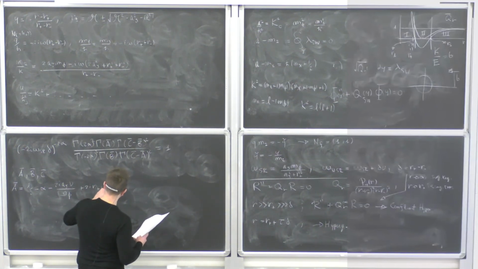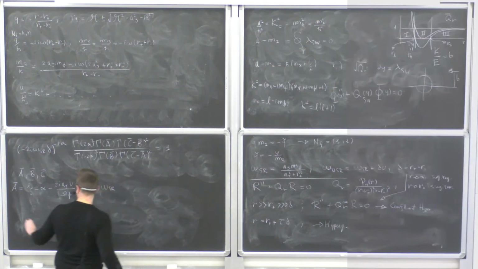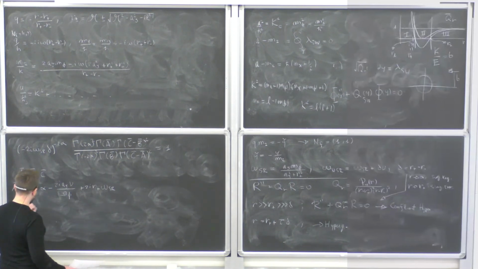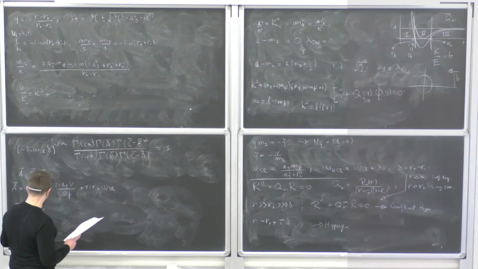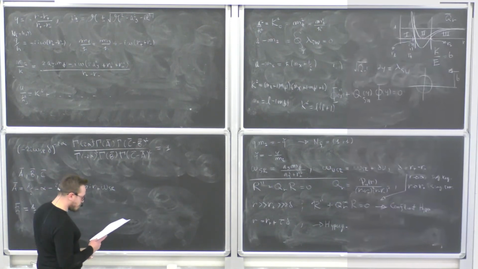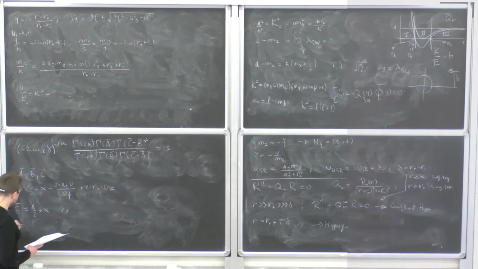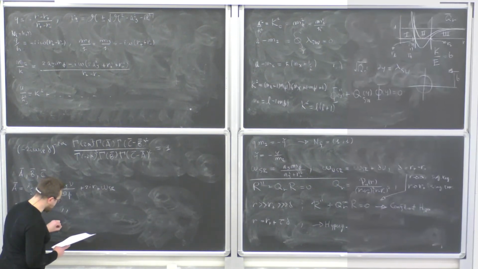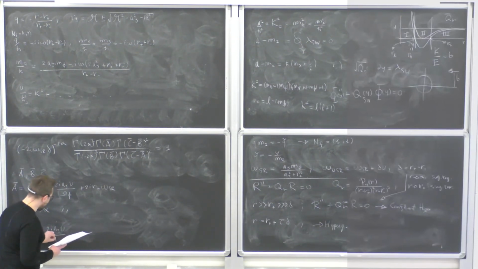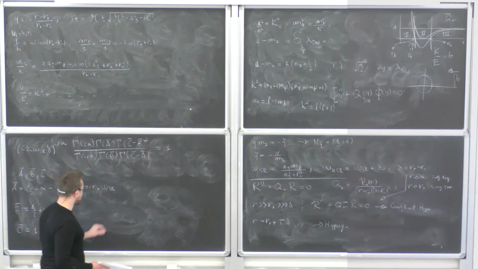For B bar, I will find an analogous expression with alpha changed of sign. Sorry. And then this will be the same. And C bar will be 1 minus 2i a j nu divided by omega minus omega superradiant, and I'm still missing something, which is alpha.